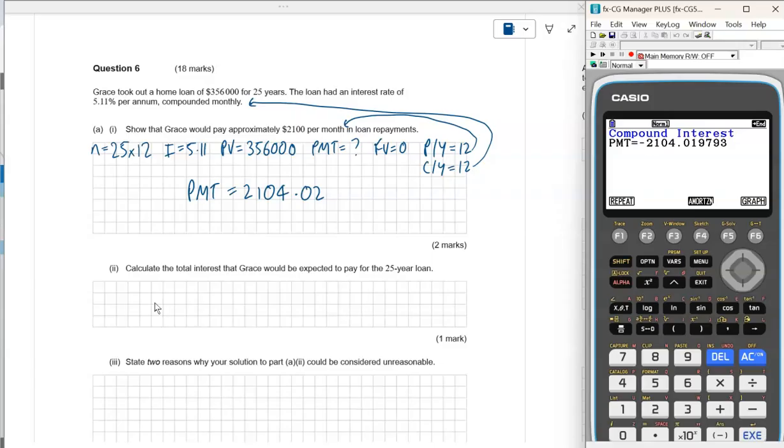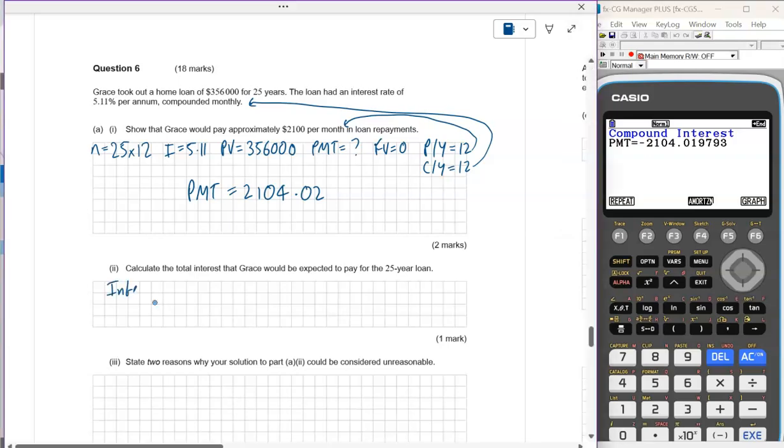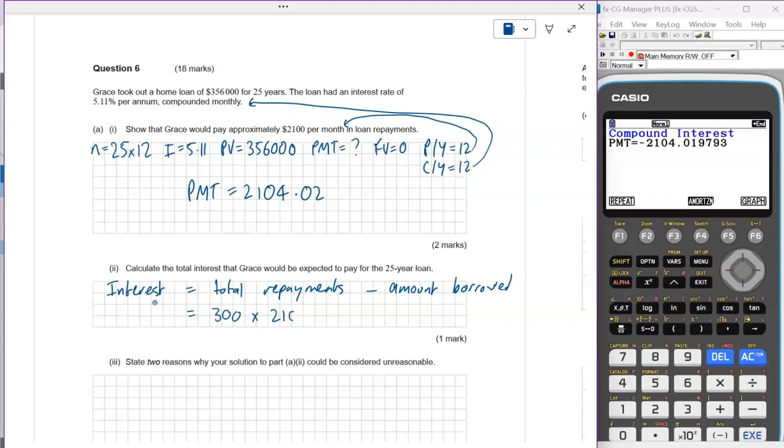It says to calculate the total interest that Grace would be expected to pay for the 25-year loan. Now, interest on the loan is equal to her total repayments minus the amount she borrowed, or the principal. So Grace, remember, is making 300 payments, or 25 times 12, of $2,104.02.